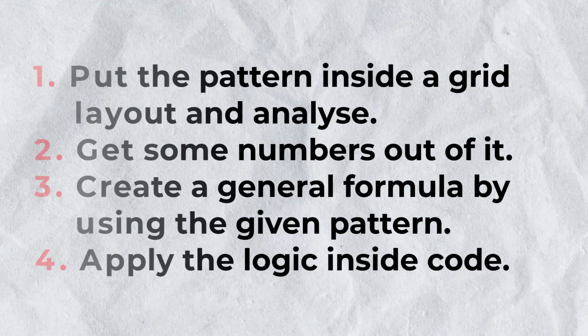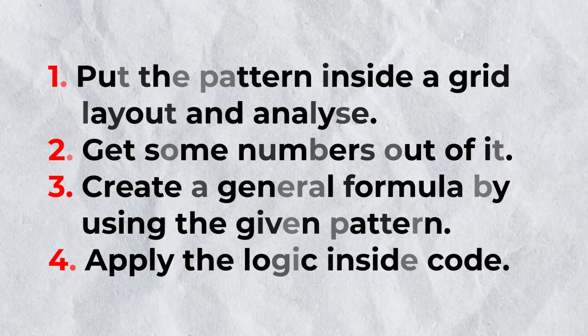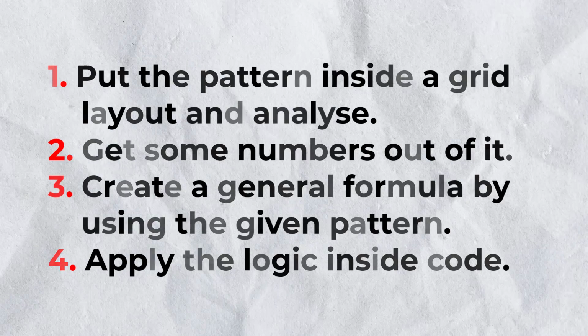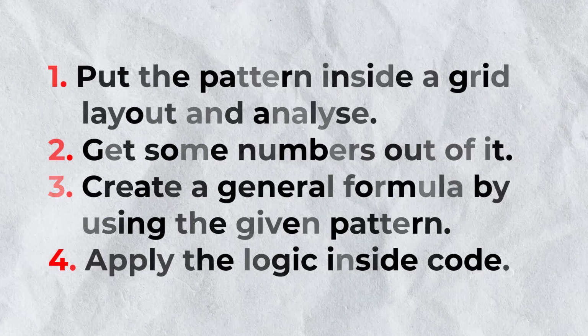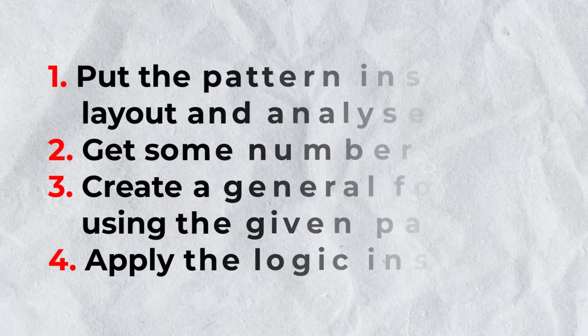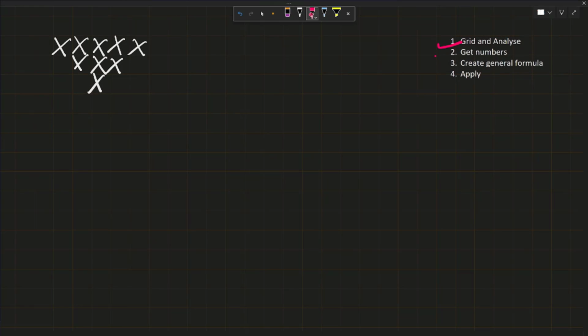Alright, now let's work with the second step, that is getting numbers from this pattern, right? So let me paste that first formula, complete this step, then we are going to work on this second step, right? So let me analyze it and get some numbers. Inside R1, let me write first R1, R2 and R3.